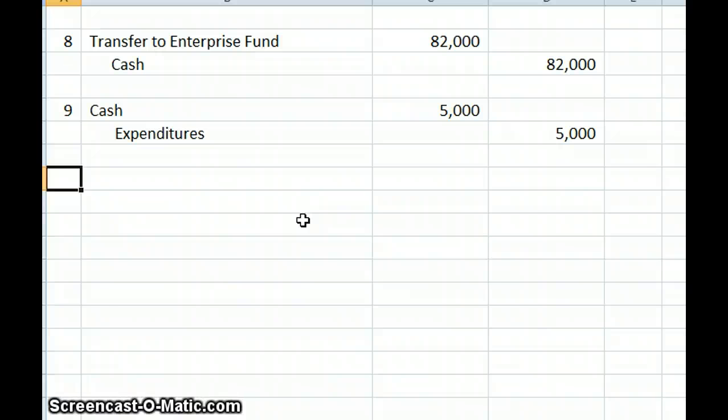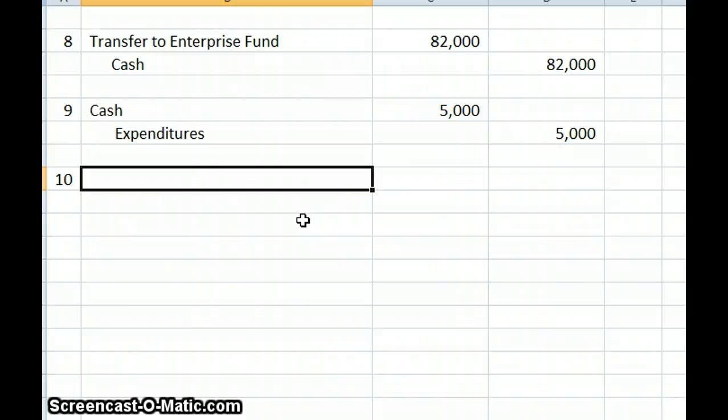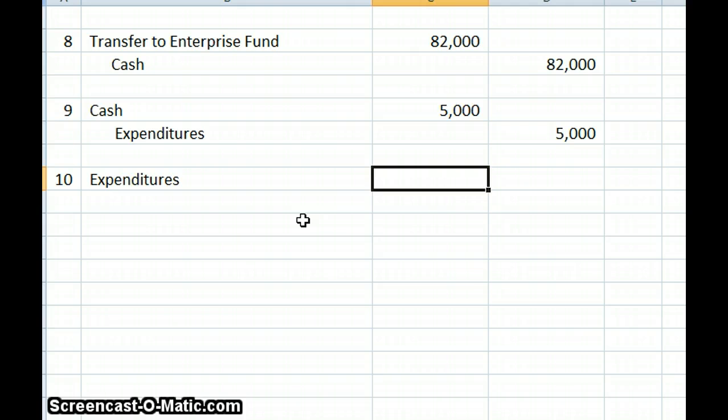Okay, so number 10, paid $1,750 to Central Printing Internal Service Fund for printing services used by the general administration of the county. So we are going to have expenditures of, what was it, $1,750.